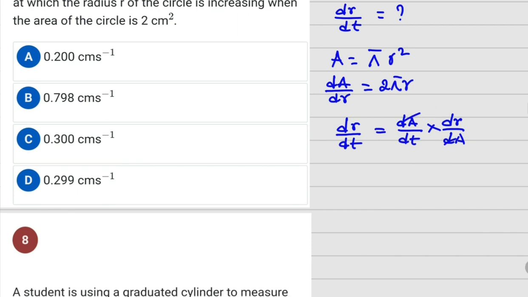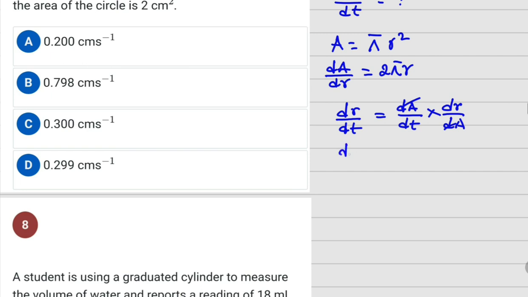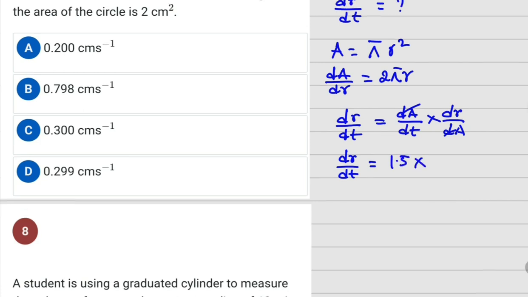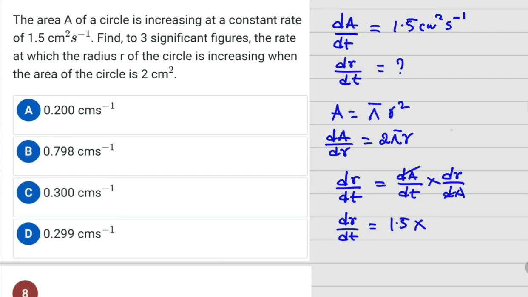That is the logic. So let's move. dr by dt now will be equals to, what is dA by dt? 1.5. Then times, we know dA by dr, but this is dr by dA, so it has been inverted. Since it is inverted, then I'm going to invert this, so that's going to be 1 over 2 pi r.